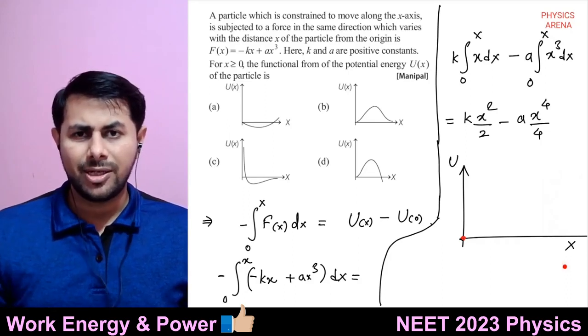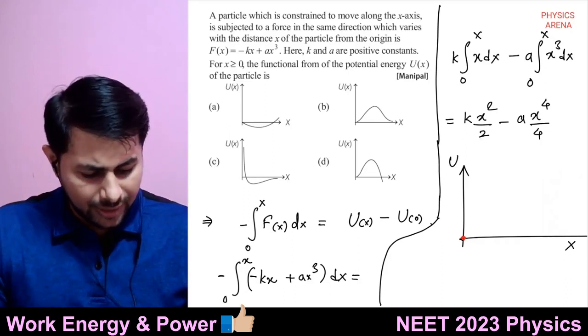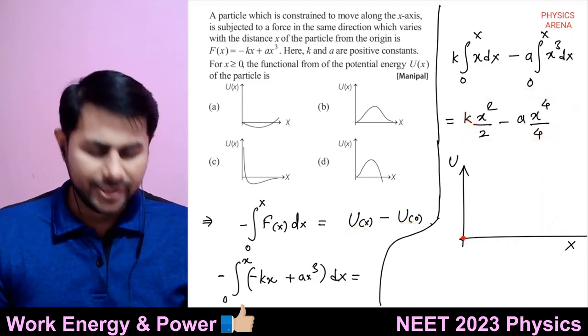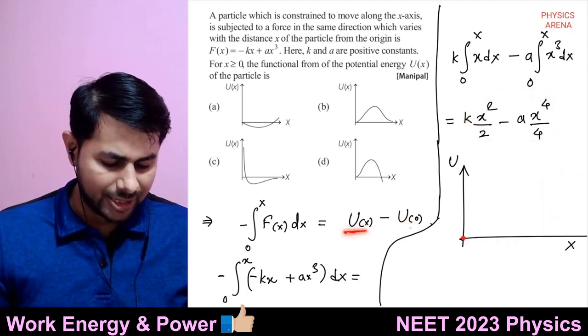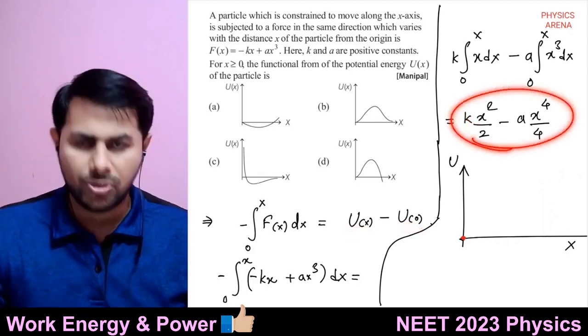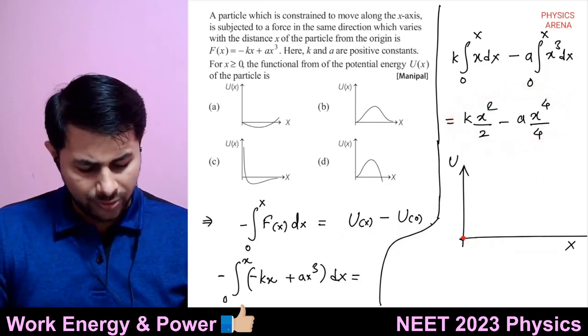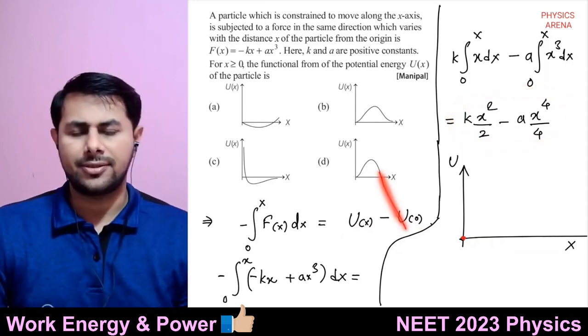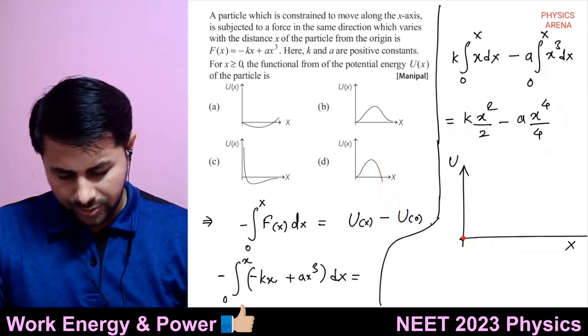The difference will be negative. And as we can see here, U of x minus U of 0, what's happening to this as x increases? This becomes more and more negative. So that means this graph will go down like this. So this is the answer.